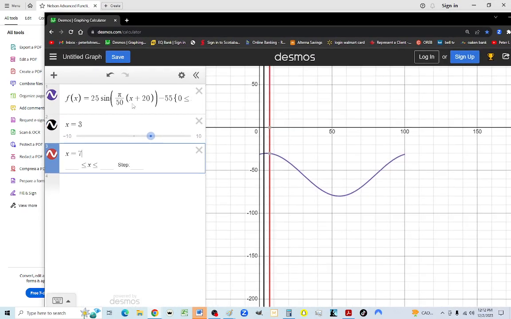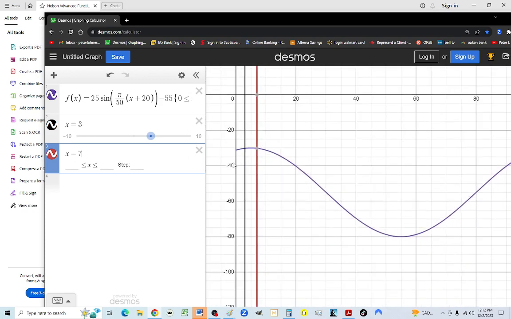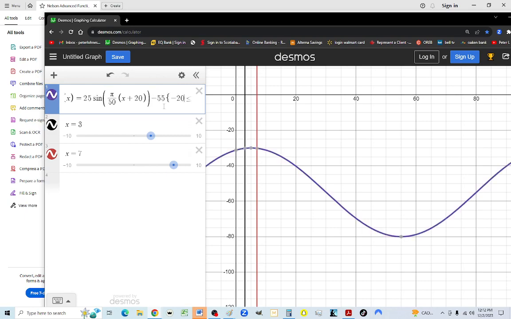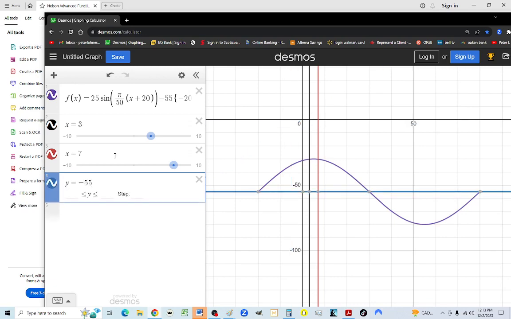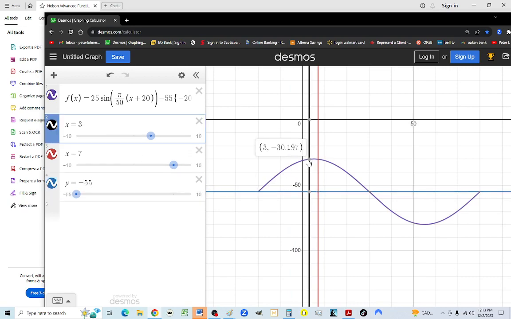There we go. So here's y, and let's just put this a bit to the left of minus 20. There we go, and put this to the right of 80 to show the exact period. Because it's shifted to the left by 20, it starts here, goes up, and on the way up, it hits at 3 minus 30.17, and then on the way down at 7, it hits it again.